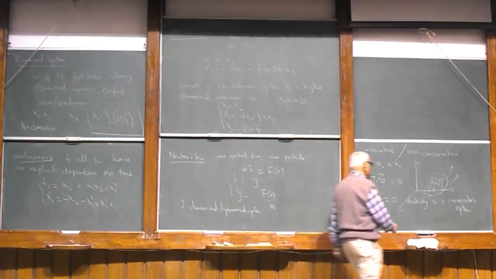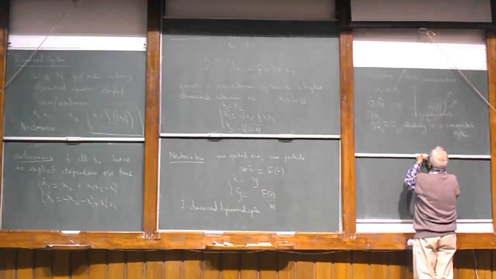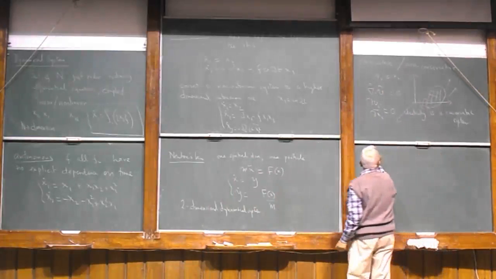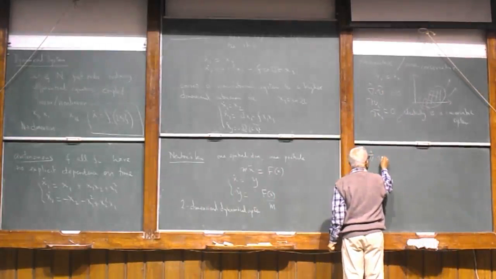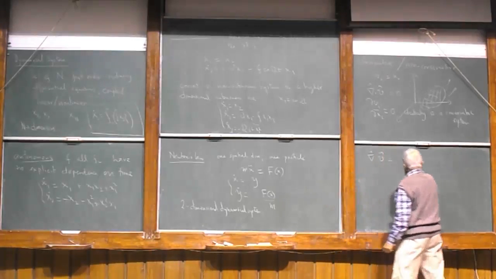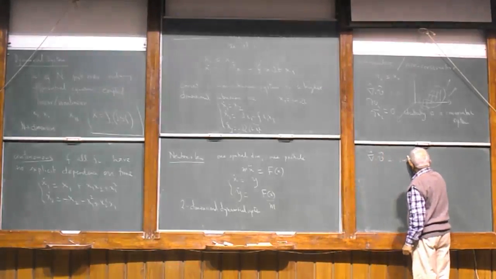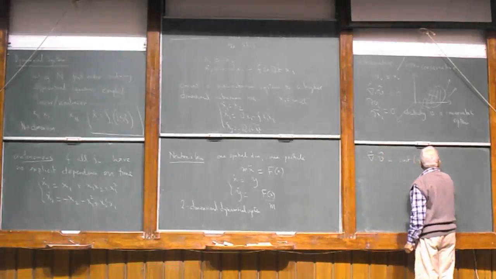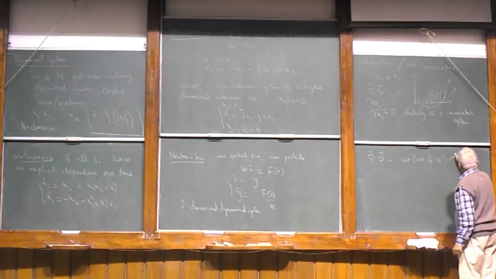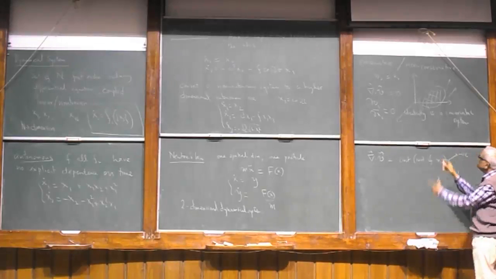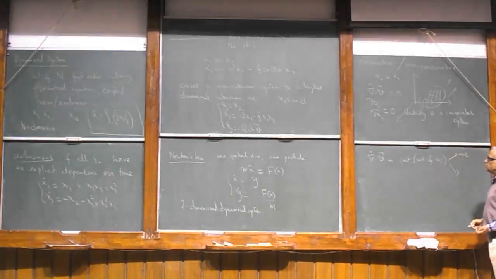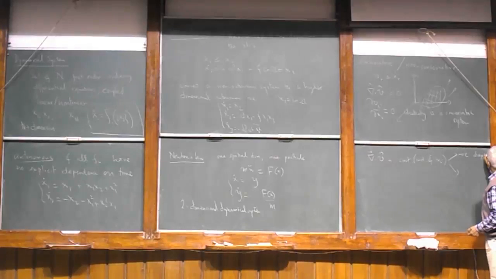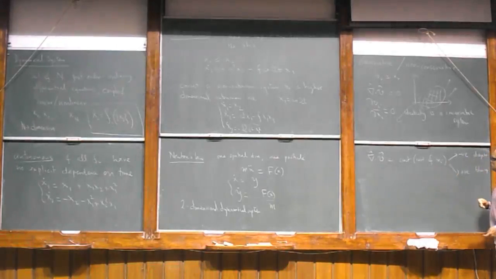If on the other hand, I have this, I can make the statement that divergence V is equal to some constant independent of Xi and is negative, then certainly this volume is going to contract as time goes on, and you have a dissipative system. And if it is positive, then it is a blow-up situation.